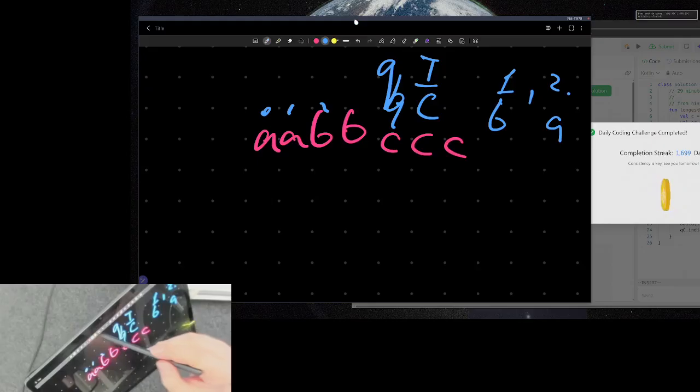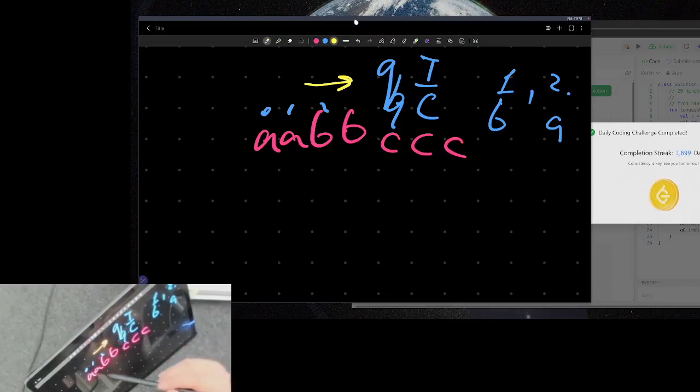And all the queries are invoked consecutively, and their results are saved. So this is not independent. We should run them one by one. So for the first position we change A to B, and we want to answer what the longest same character subarray we have.